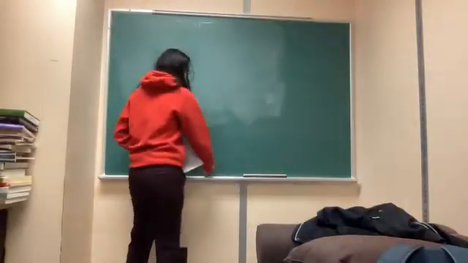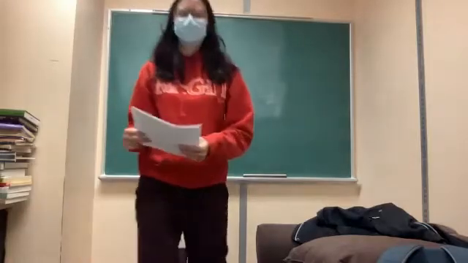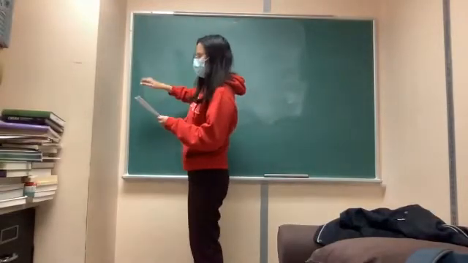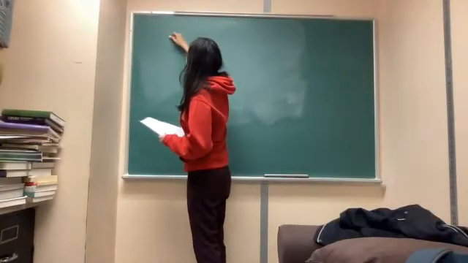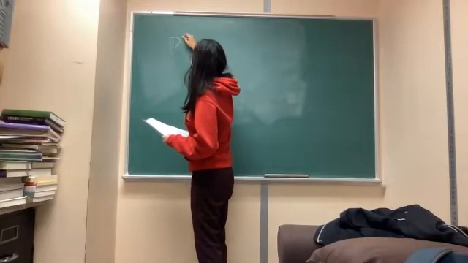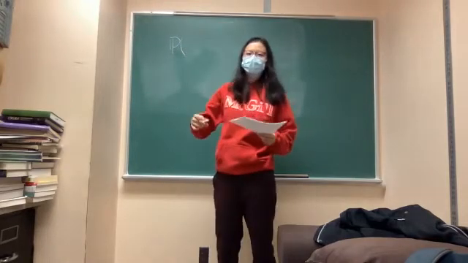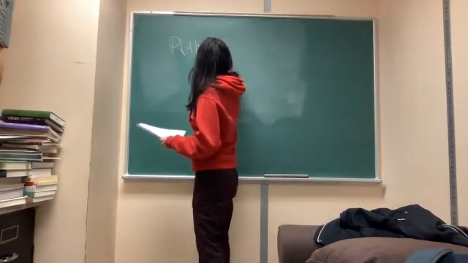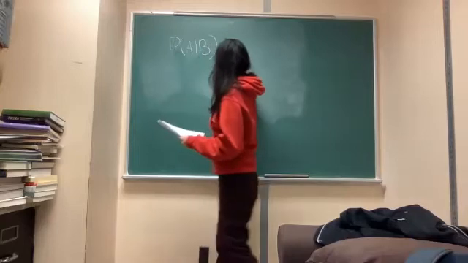All right, so I'll start by going through what we went through really quickly at the end of last class, which is conditional probability, right? The way you write it is, if you're trying to find the probability that event A happens given that event B has happened, you write it like this.